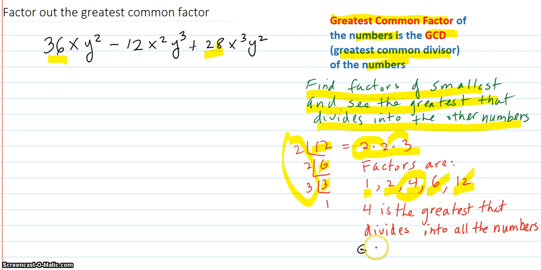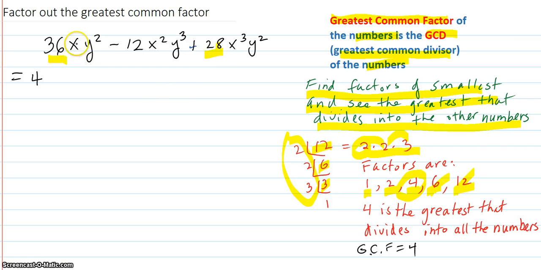So the GCF is 4 in this case. So we're going to say equals, factor out the 4. Then we're going to take each variable in alphabetical order.